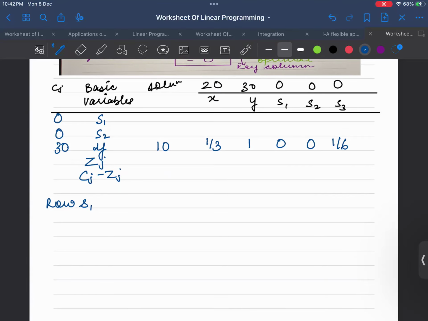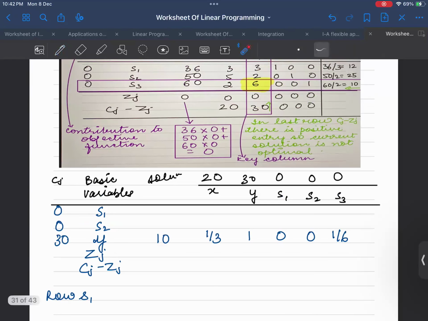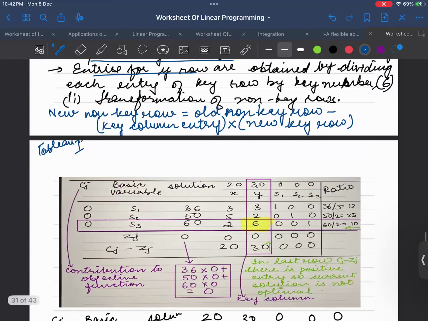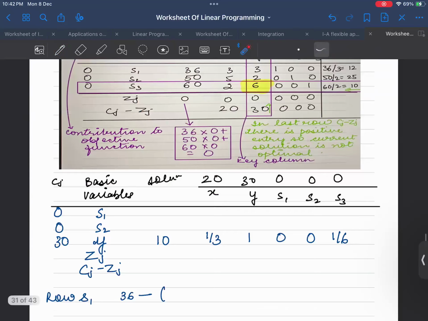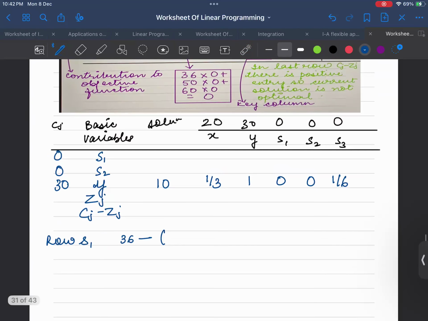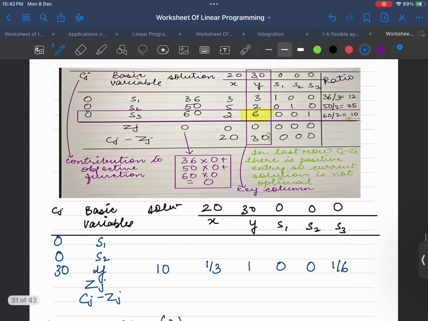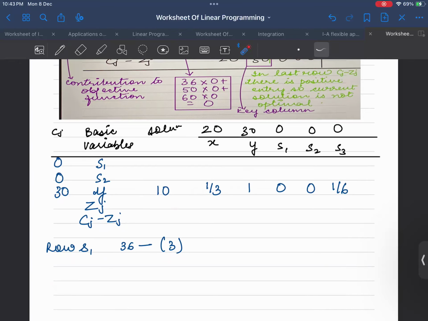आई टोल्ड यू द फॉर्मूला, फॉर्मूला क्या कह रहा है मेरा, नॉन की रो है ना, ओल्ड नॉन की रो मेरी ये वाली, इधर क्या लिखा है, इधर 36 है, तो मैं पहले 36 लिख देती हूँ, 36 माइनस, मेरे से बोल रहे हैं की कॉलम एंट्री मतलब न्यू की रो, की कॉलम एंट्री क्या है मेरी, कितनी है की कॉलम एंट्री, की कॉलम एंट्री इज 3, की कॉलम एंट्री ये रही, मैं 30 इसके लिए निकाल रही हूँ, तो पहले ओल्ड में मेरा 36 था, 36 लिखा, मेरा की कॉलम जो था उसमें क्या लिखा है, 3 लिखा है, उसके अगेंस्ट यहाँ पर, तो मैंने यहाँ पे 3 ले लिया, और इधर इसके प्लेस में जो नया वाला आया है, ये न्यू की जो रो बनी है मेरी, है ना, न्यू की रो बनी है, तो न्यू की रो के अंदर उसके कॉरेस्पॉन्डिंग कौन सा है, ये वाला 10, तो दैट्स व्हाई आई रोट इट 10, ठीक है, इट कम्स आउट टू बी 6, right?